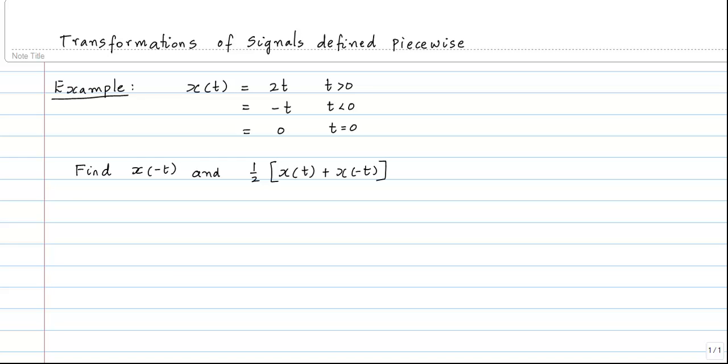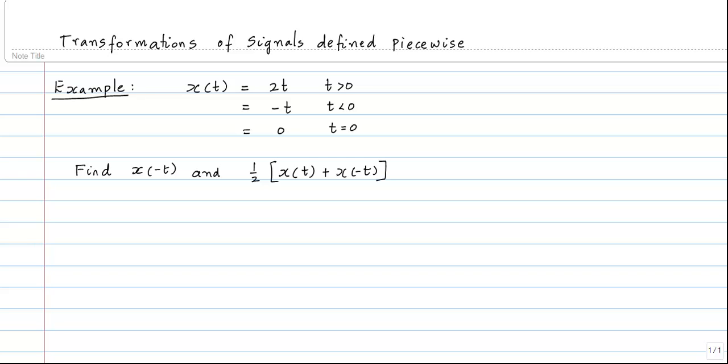And the best way to do this is to take an example. Let us say I have a signal x of t, which is defined to be 2 times t if t is greater than 0. It's defined to be negative t if t is less than 0, and it's defined to be equal to 0 at t equal to 0. Okay. Now, let's say we want to find an expression for x of negative t.